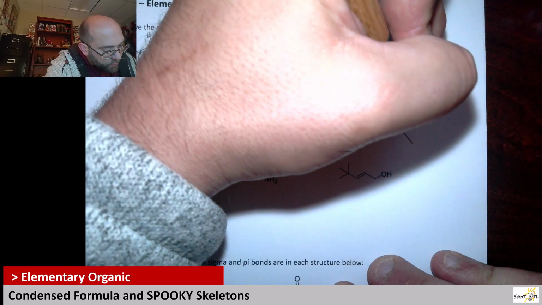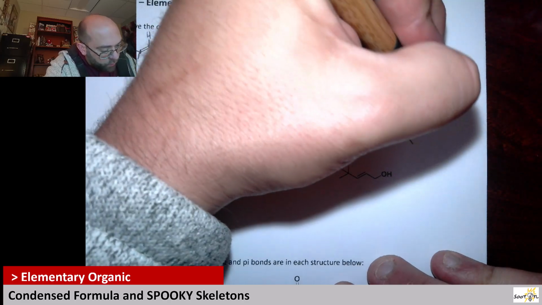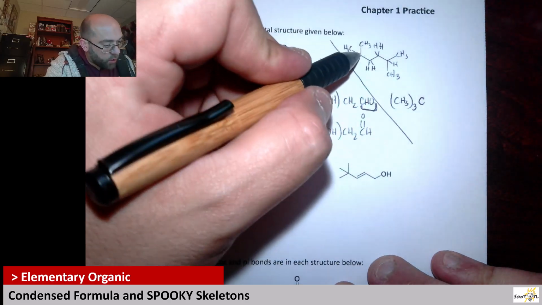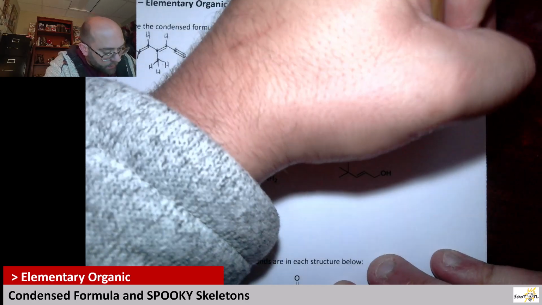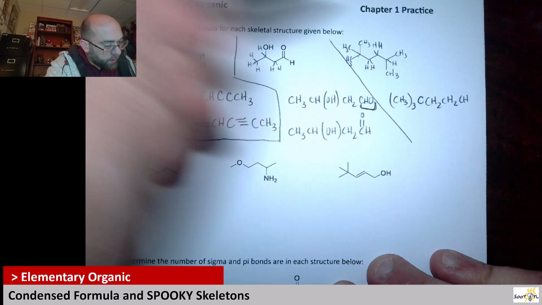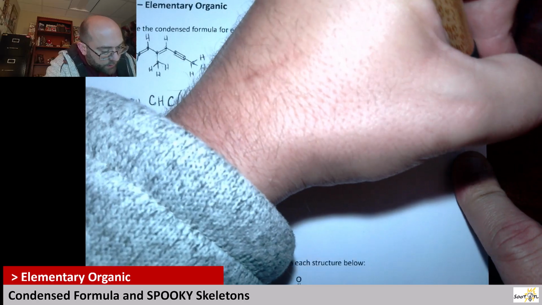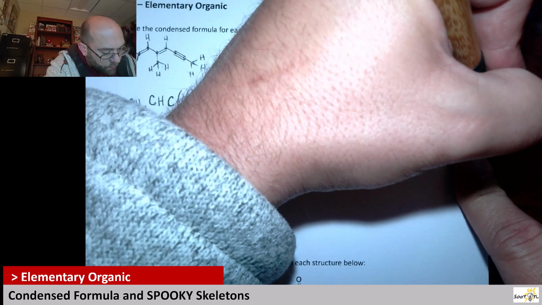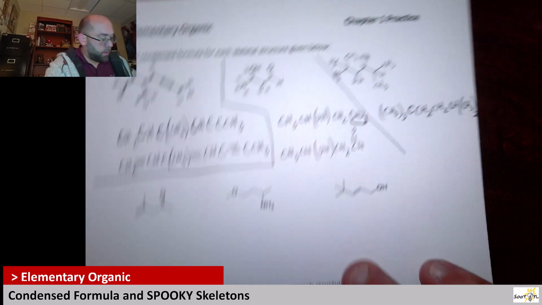Do a CH3, 3, because there's 3 of them, and then write the carbon. Okay, so that's that carbon right there. Then I'd have a CH2 and a CH2 back to back, and then I'd have a CH. So that CH is right here, and then you've got 2 of these CH3s coming off. So I do a parentheses, CH3, 2. Okay, so that's a condensed way of writing that. All right.